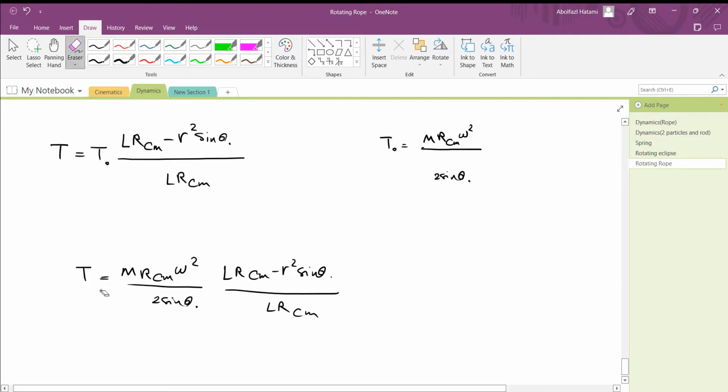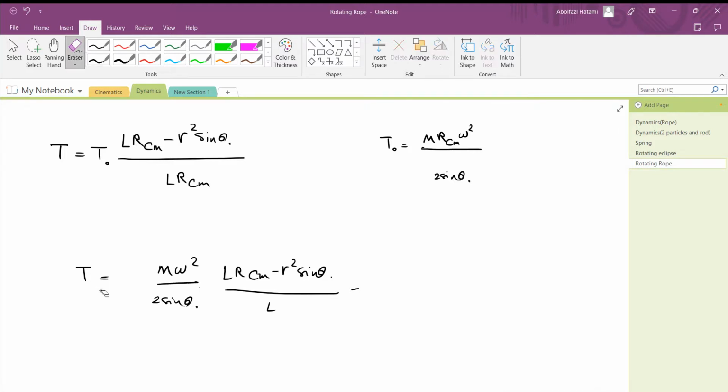And we can eliminate this RCM from both sides and say that T is just something like this. We found T as a function of R.